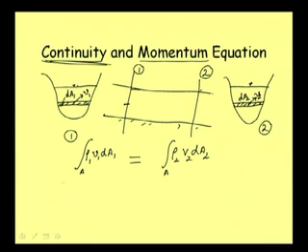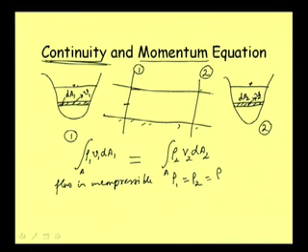Now, this is basically the continuity equation in simple terms, and if it is water, the flow is incompressible, so rho 1 is equal to rho 2, equal to rho, so we can cancel it, and we can write integration of V1 dA1 is equal to integration of V2 dA2.